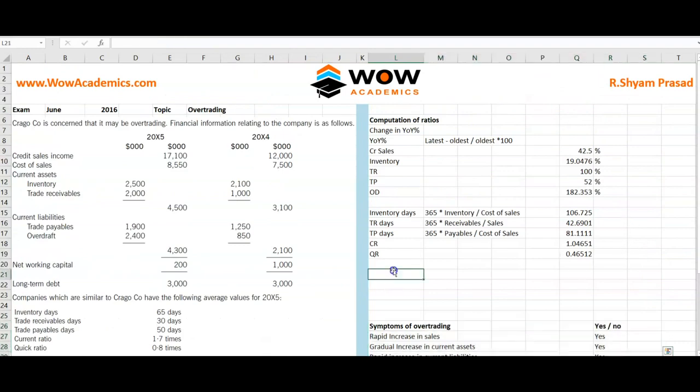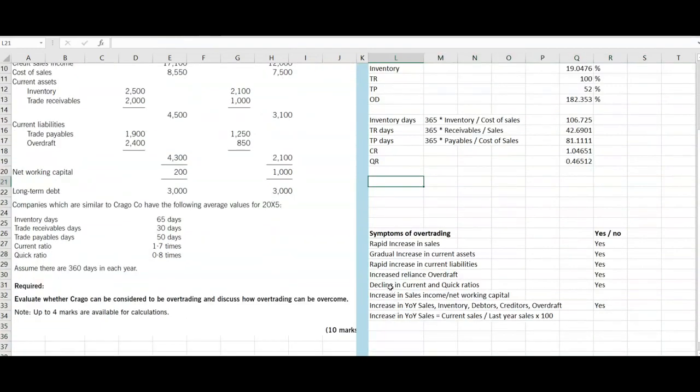So we'll calculate one more ratio, which is called the net working capital turnover ratio.